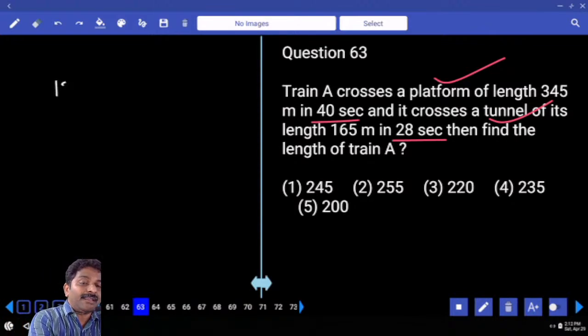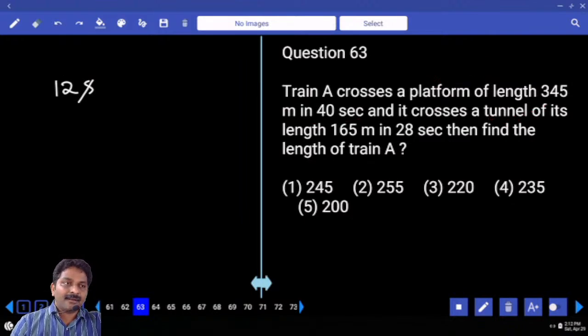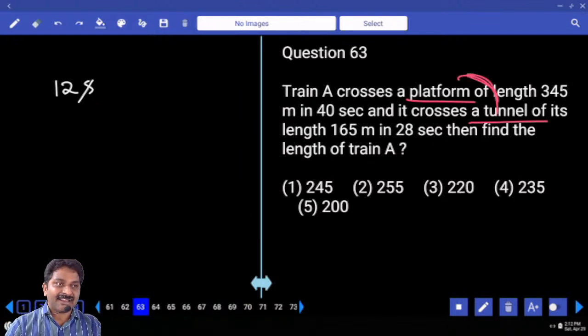12. Can you tell me why there is a difference of 12 seconds in both cases? Because the length has changed, correct? In the first case it crosses a platform, in the next case it is crossing a tunnel. Both are of different lengths, right?